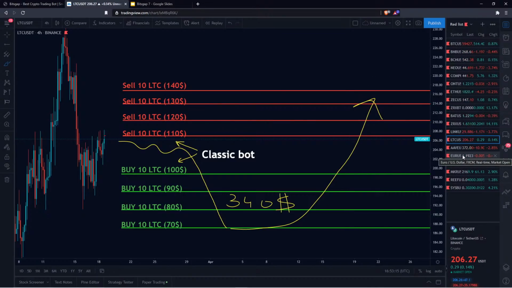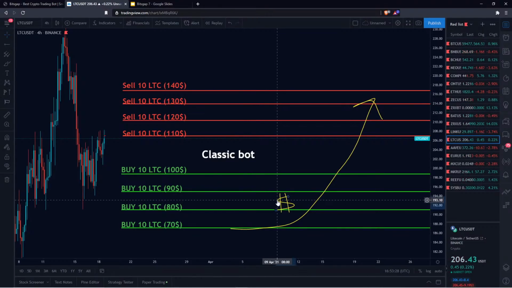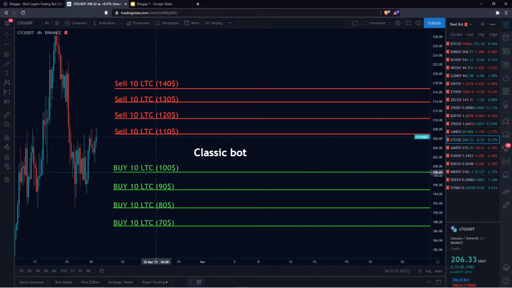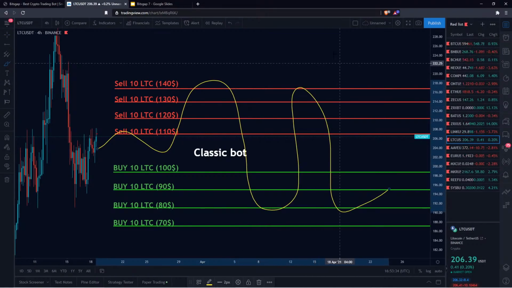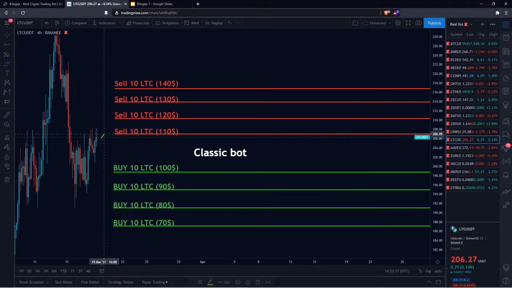It's just that it depends on the market sentiment and how it moves. So for example, let's remove all these drawings. So for example, you expect the market to move sideways, but you don't know how exactly it's gonna move, because sideways market can be like this, right? It can also be like this.